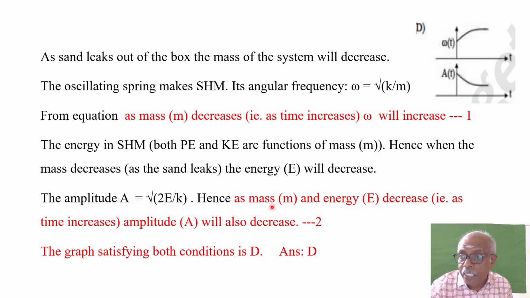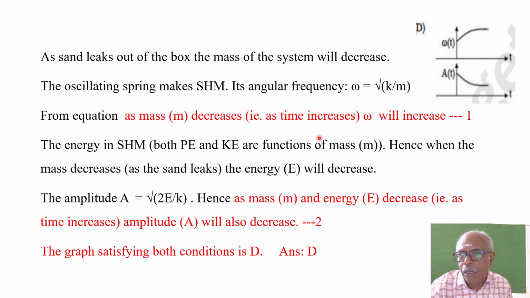When will mass decrease, sir? As time passes on. So as time increases, amplitude will decrease. So the graph satisfying both the conditions is D, the fourth option.